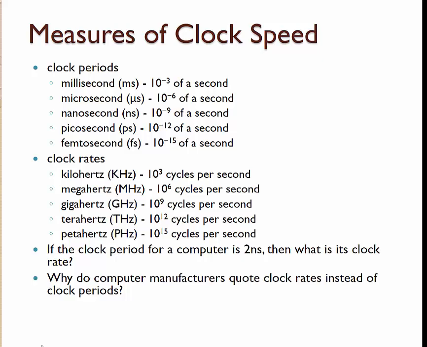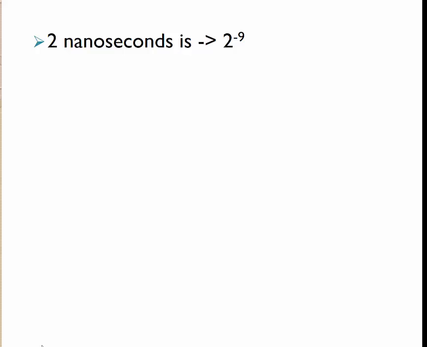All right, let's go look at that. So we have 2 nanoseconds, which is 2 times 10 to the minus 9. We translate that to 1 over 2 times 10 to the 9th. And then to make it into a whole number, we borrow 3 from the 10 to the 9th, making it 10 to the 6th. And of course, what you do to the bottom, you have to do to the top.